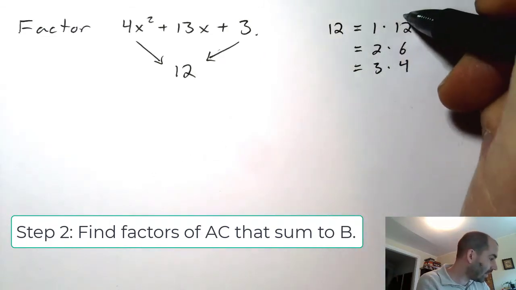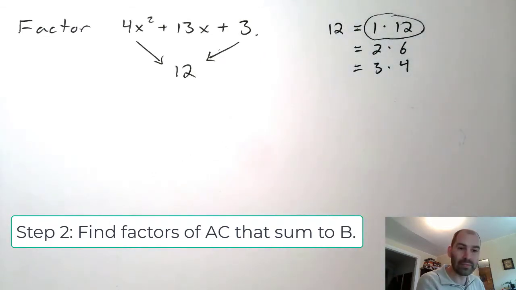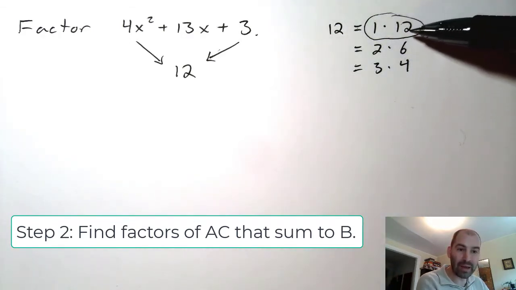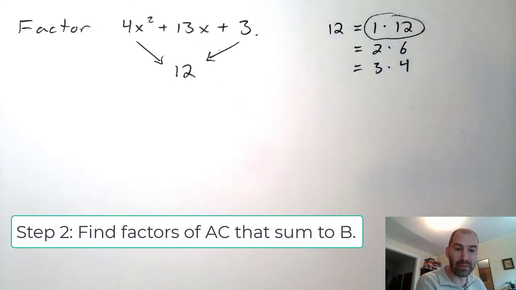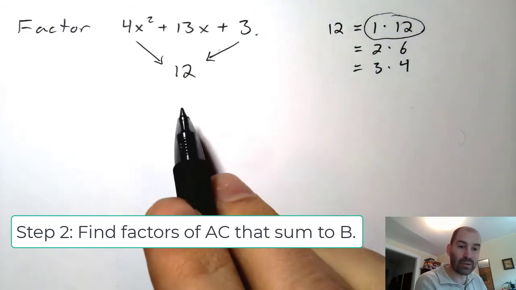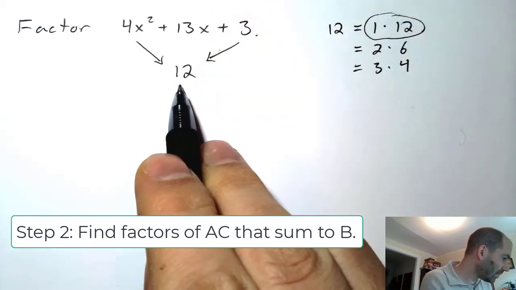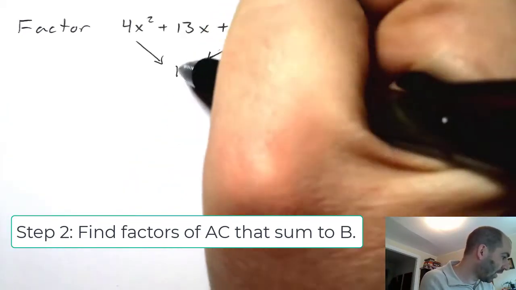Well, it's the first one. If the problem is factorable, you will be able to find a pair that add to this middle number. So that's the one I'm going to use. So 12 factors as 1 times 12.